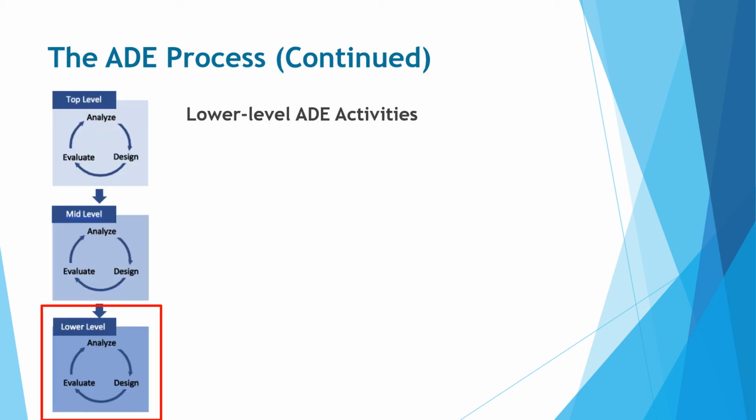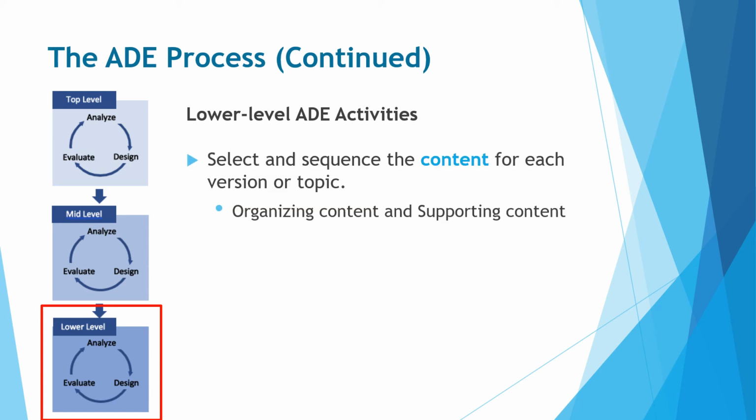Lower-level ADE activities involve completing the detailed blueprint for the instruction, and some development activities are typically done at the same time. They begin by selecting and sequencing all the content to be taught.